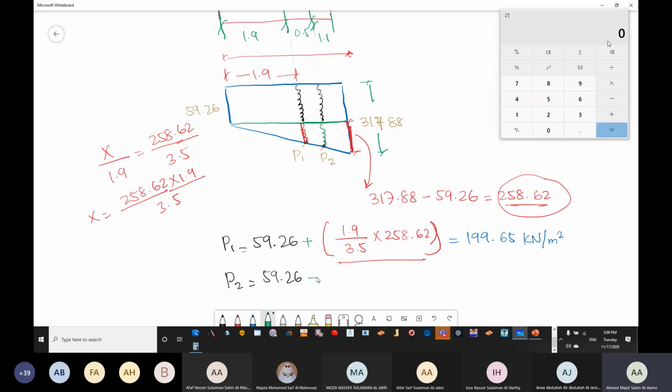And then the green color is going to be the distance from here, 1.9 plus 0.5, which is 2.4, divided by 3.5 multiplied by 258.62. The final answer is going to be how much?